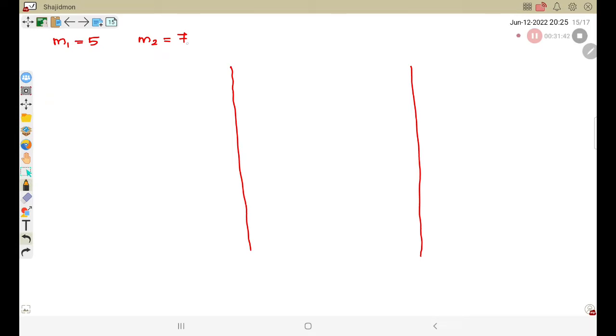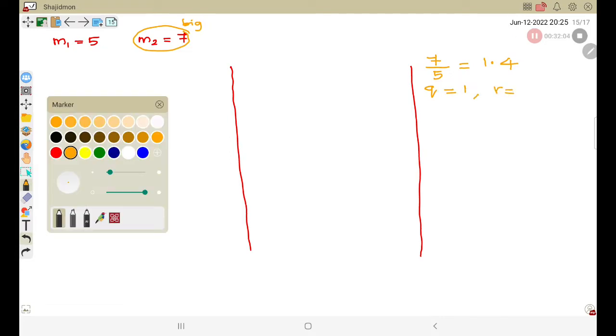Out of these 2 numbers, 7 is the bigger number, so bigger number 7 divided by smaller number 5. On the calculator this is 1.4. So the quotient q is 1, and we need to calculate the remainder r.